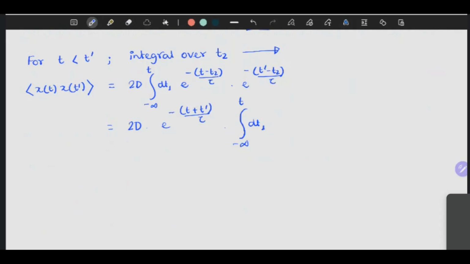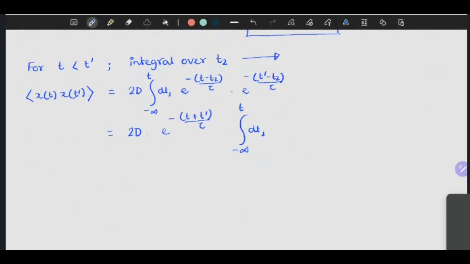So then this will be dt1 times e to the power 2t1/tau.